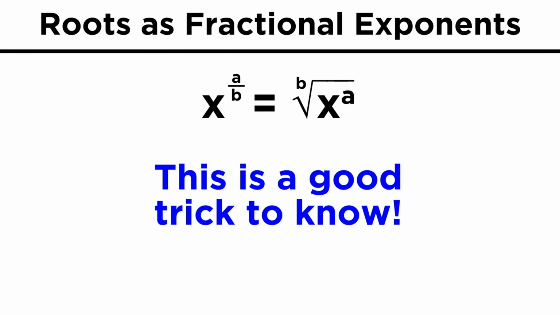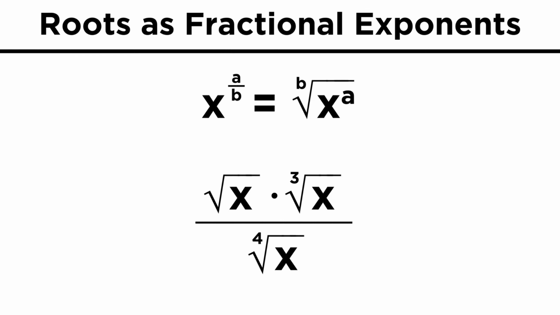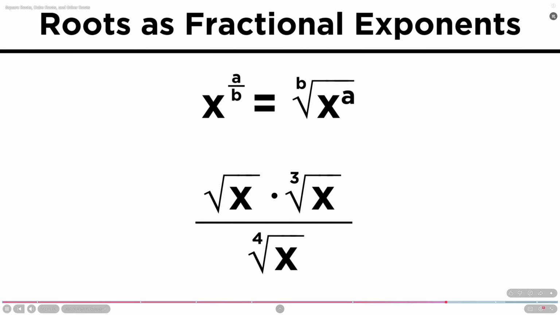When we combine this with what we know about operations with terms raised to exponents, we can do seemingly tricky things. Take this expression here, the square root of x times the cube root of x divided by the fourth root of x.